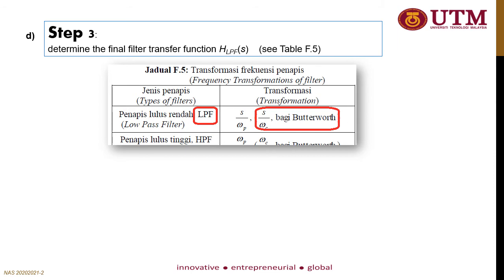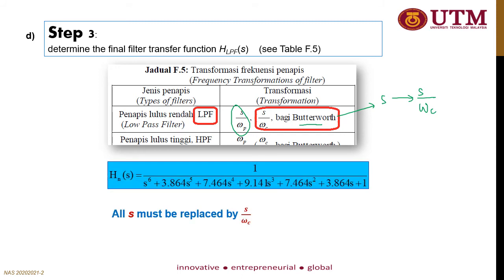On the left hand side is for Chebyshev, and on the right hand side, as stated, it is for Butterworth. In this case, all s will be replaced by s over omega c.